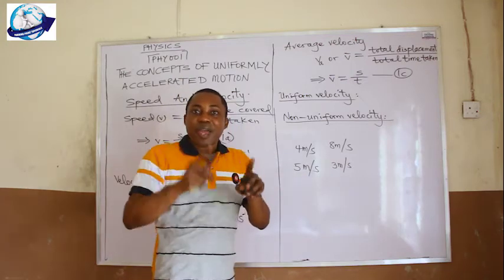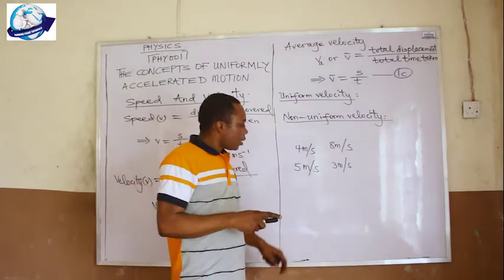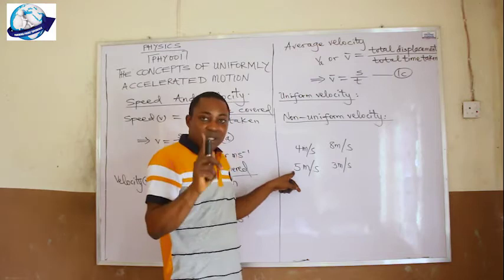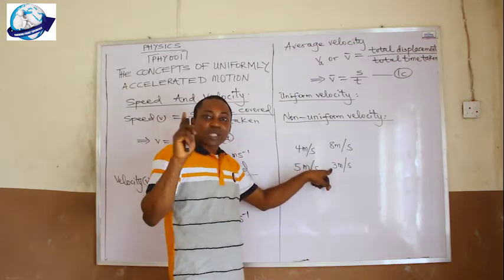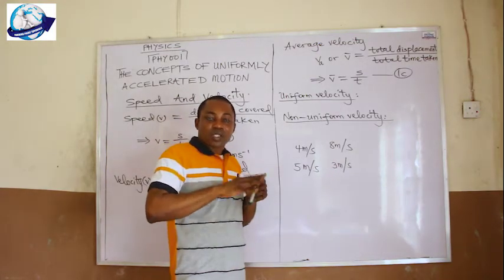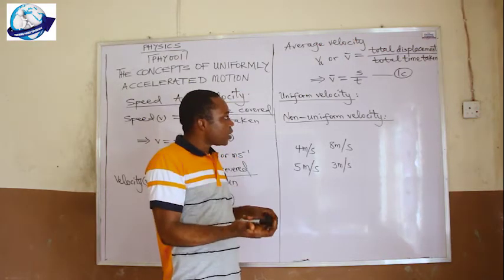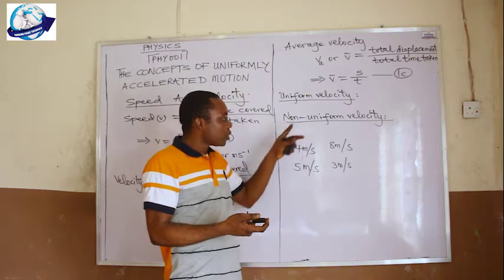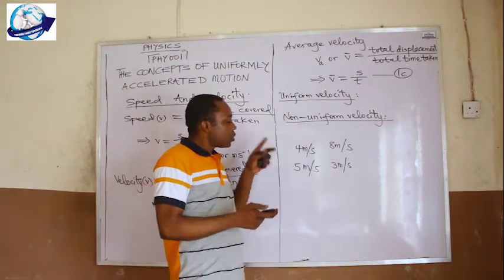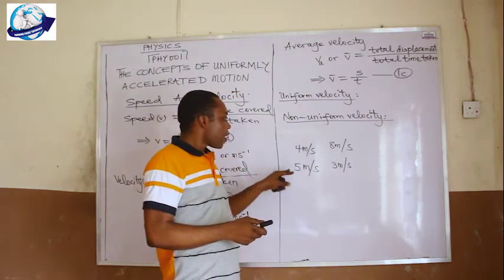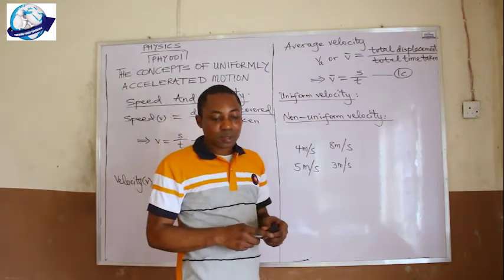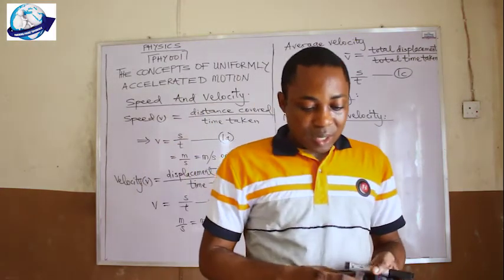For every 1 second that passes by, it's no more 5 meters. It's now 3 meters for 1 second, because the car slows down. There's a change in speed. Either there is an increase in speed, from 4 to 8, for instance, or a reduction in speed, from 5 to 3.